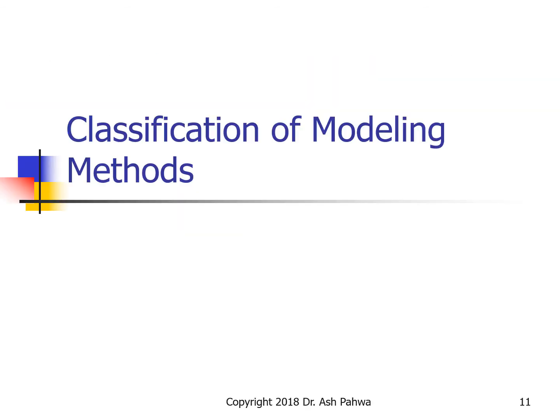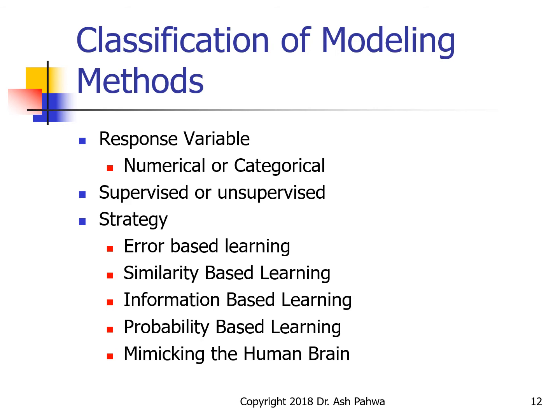So we have seen 11 different modeling methods. Now we are going to classify them into different categories, and that's what we are going to cover next. Out of those 11 modeling methods, we can classify them based on the response variable, so the output could be numerical or categorical. Or they can be supervised or unsupervised, or based on what kind of strategy they use.